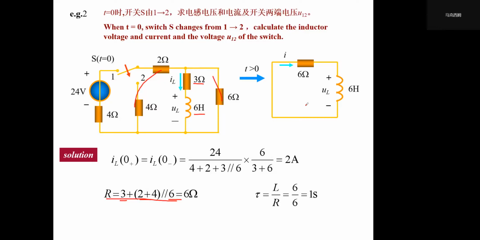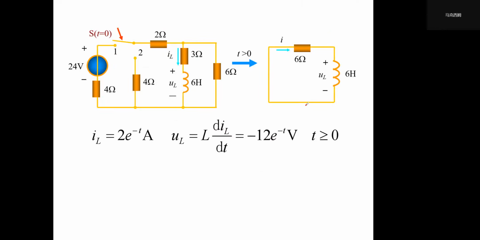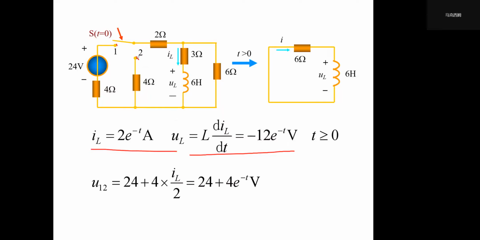So tau equals L over R, 6 over 6 is 1 second, and we can calculate the corresponding current like this, and this is the corresponding voltage. Once we have done with it, we can calculate the voltage difference between point 1 and point 2, which is 24 plus 4 times half of i_L.